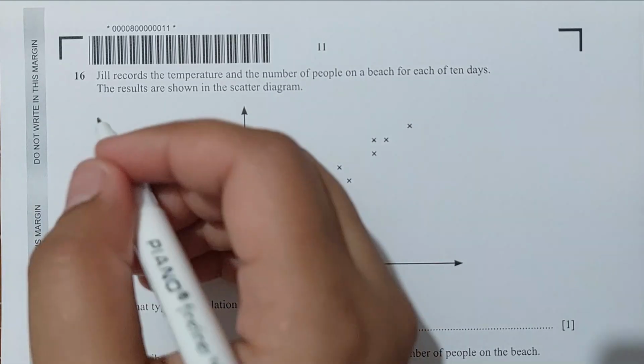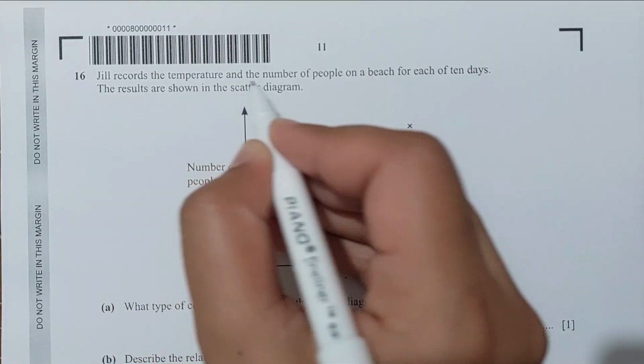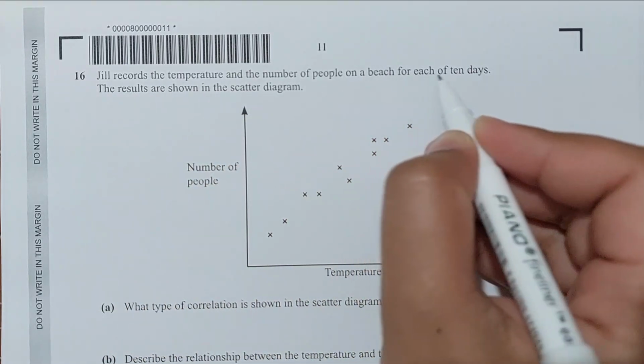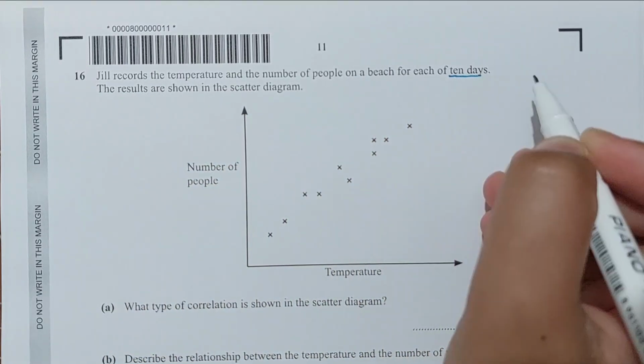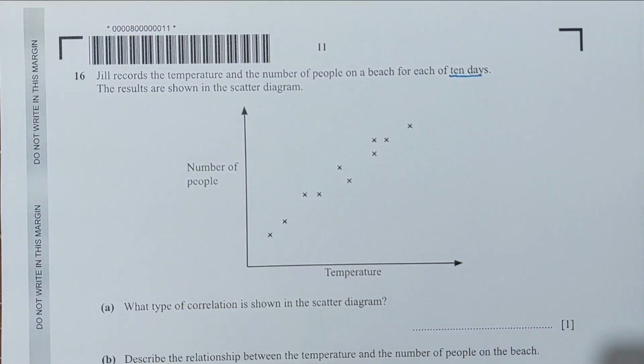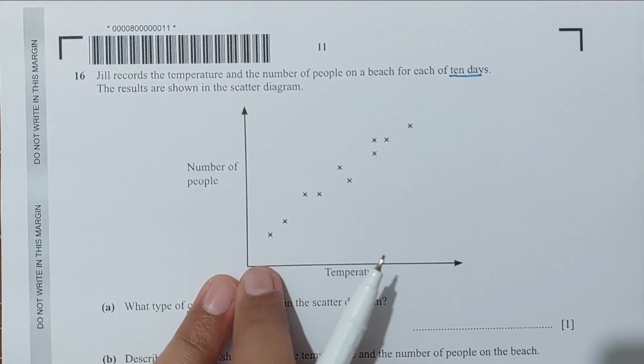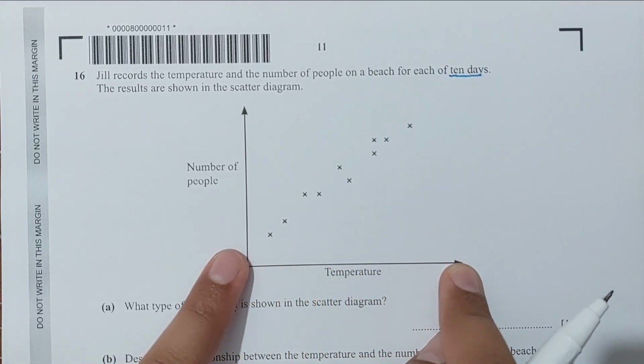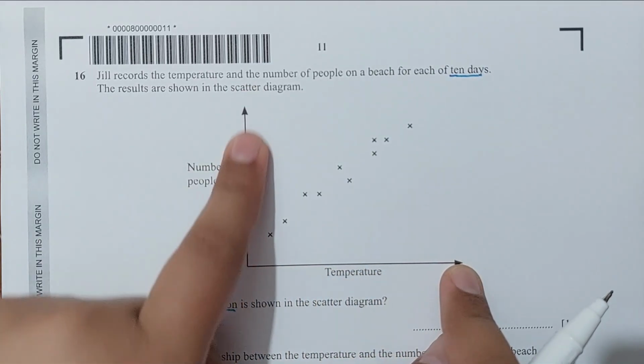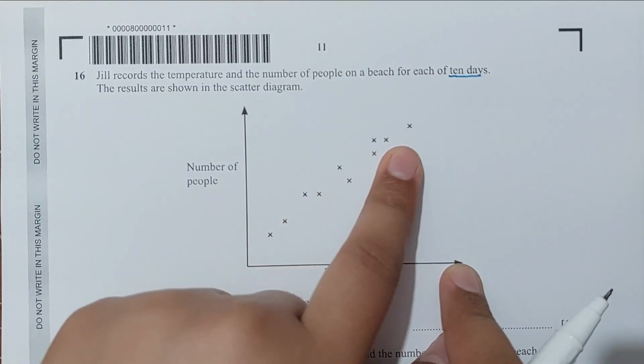Question number 16. Jill records the temperature and the number of people on the beach for each of 10 days. Number of people and the temperature. Part A. What type of correlation is shown in the scatter diagram? When the temperature increases, the number of people on the beach also increases.